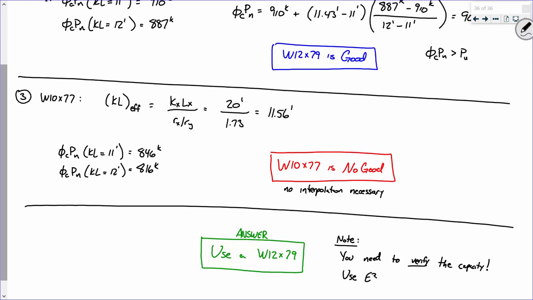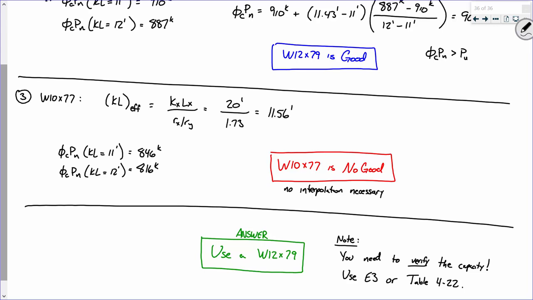Use E3 or table, capitalize that. Use table or use section E3 or use table 4-22. That's really important, okay? Because again, we're selecting a column to hold up 890,000 pounds. I think it behooves you to do a little bit of math to ensure that that column works, right?